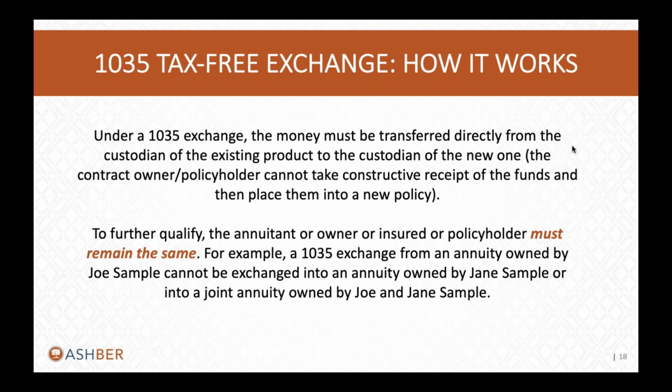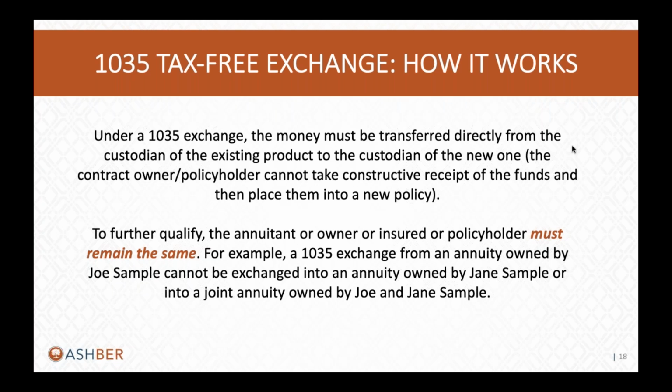So for example, if Joe Sample owns an existing deferred annuity, I can't do a 1035 exchange into a contract for his wife that would be owned by her, Jane, or I can't transfer the existing deferred annuity that would be owned by Joe into a joint contract with Joe and Jane as joint owners. It would have to be the same owner of the existing contract being exchanged for a new annuity that would also be owned only by Joe.